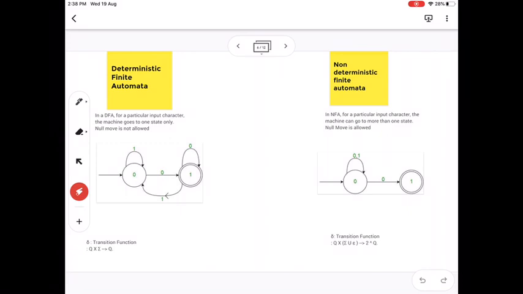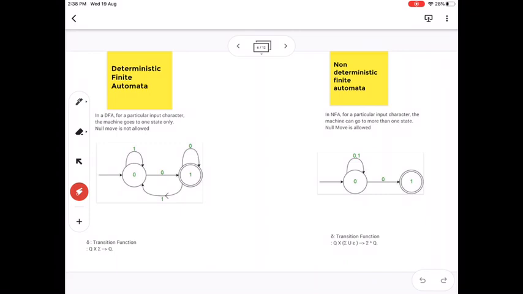And in non-deterministic finite automata, for a particular input character, the machine can go to more than one state. Okay. And null movement is allowed, that is with no input you can move further. What is that null movement? What is empty input? It will be discussed further in some examples.